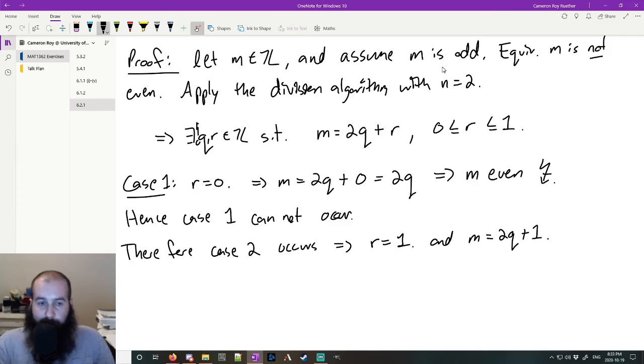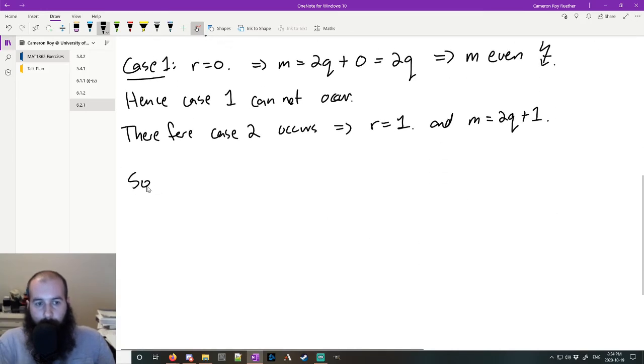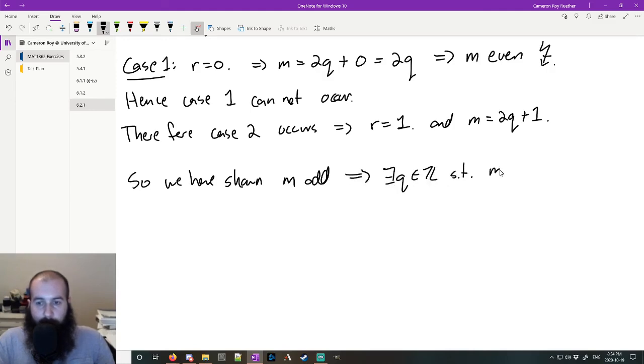Because m is odd, we've shown that there must exist a q coming from the division algorithm, and r equal to 1, also coming from the division algorithm, such that m is equal to 2q plus 1. So we have shown that m being odd implies that there exists an integer q such that m is equal to 2q plus 1.